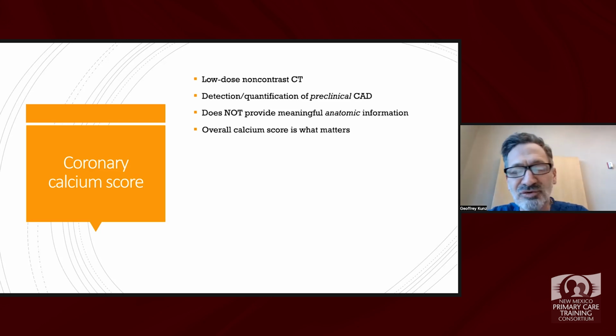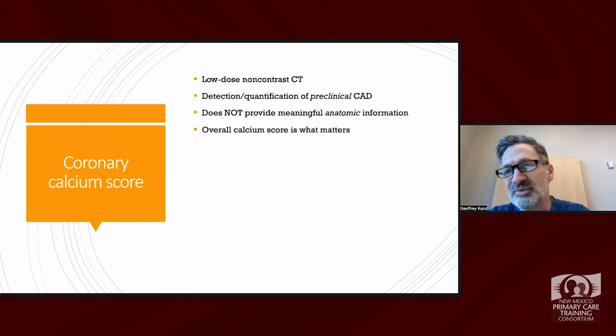So there's no role for this in somebody who's had a bypass surgery, no role for this for somebody who's had a stent or has had a previous heart attack. This answers the question, do you have coronary disease or not? If you already have coronary disease, then this is a completely irrelevant and useless test.